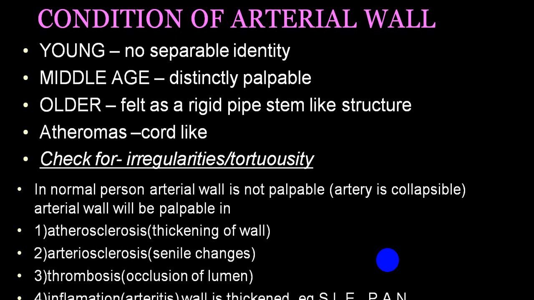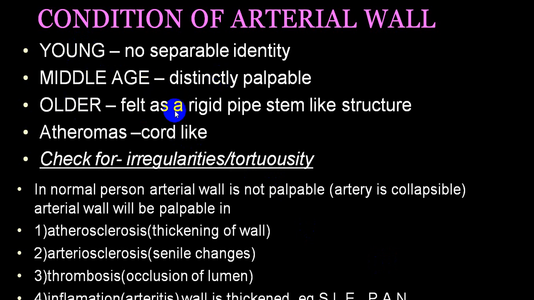You can even clearly visualize that the temporal artery is clearly seen, and if you roll it below your finger, it is tender. So that is temporal arteritis. But in a younger individual, by and large, it is not palpable. In the middle age, what you palpate is mainly the pulse.